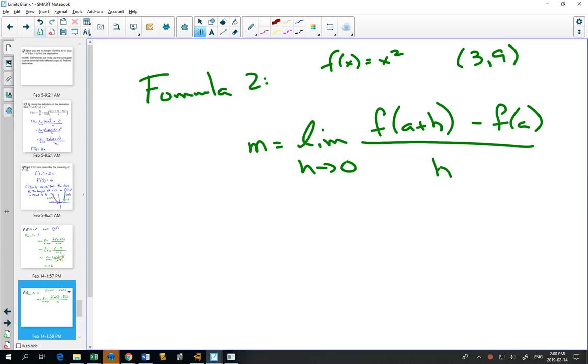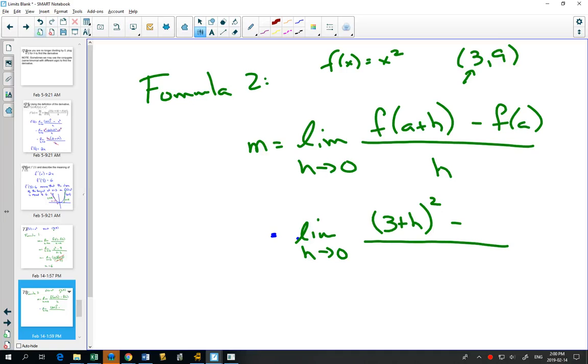So formula 2, what it meant to do is saying, well, what's our a value? What point are we looking for? We're looking for when it's equal to 3. So we would plug this into our formula, and we would have equals the limit as h goes to 0 of 3 plus h squared minus 9 over h.